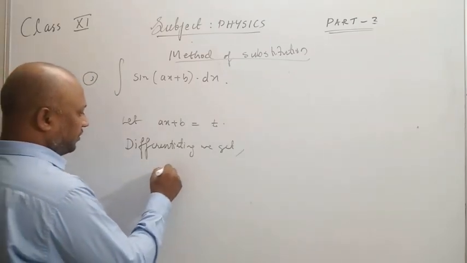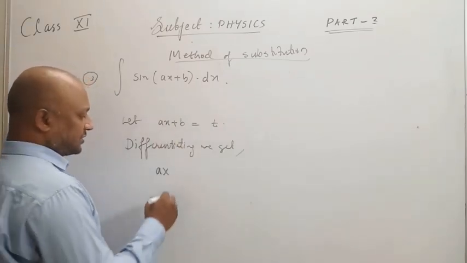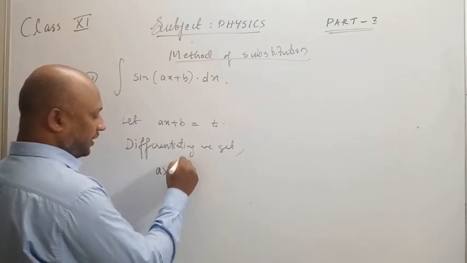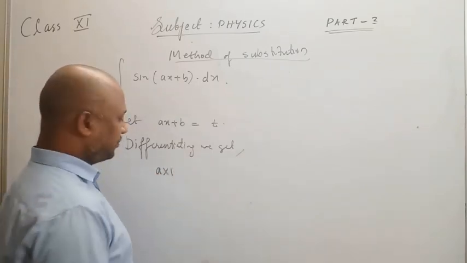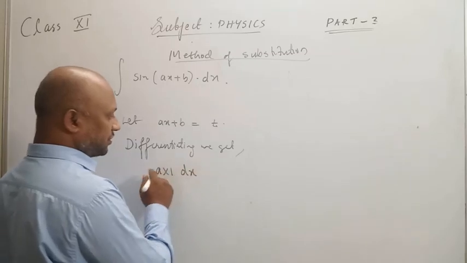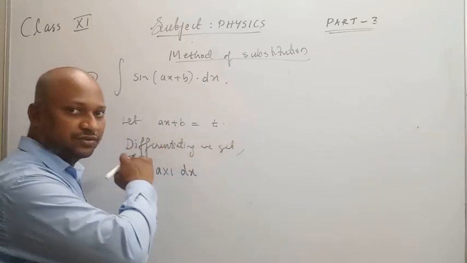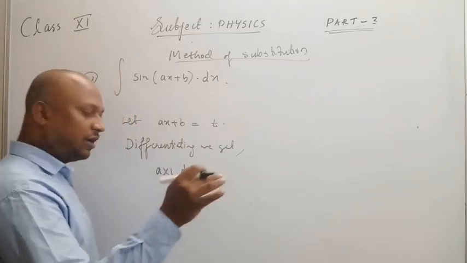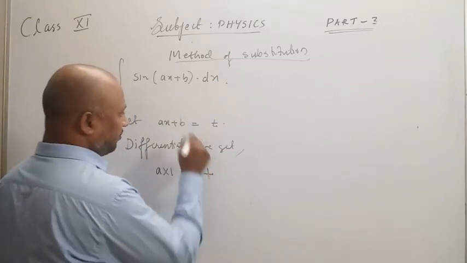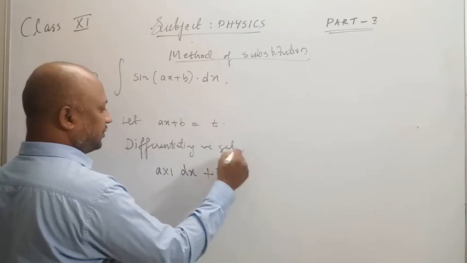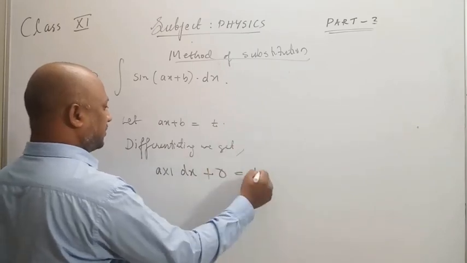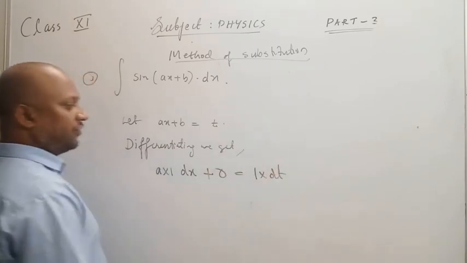So a into the differentiation of x is 1, then dx by that variable. I am writing dx because the by will be applicable to each term. Whatever comes in the divide, you can make it disappear. Plus the differentiation of b is 0, equal to dt, the differentiation of t is 1, and dt by whatever variable you are differentiating with.